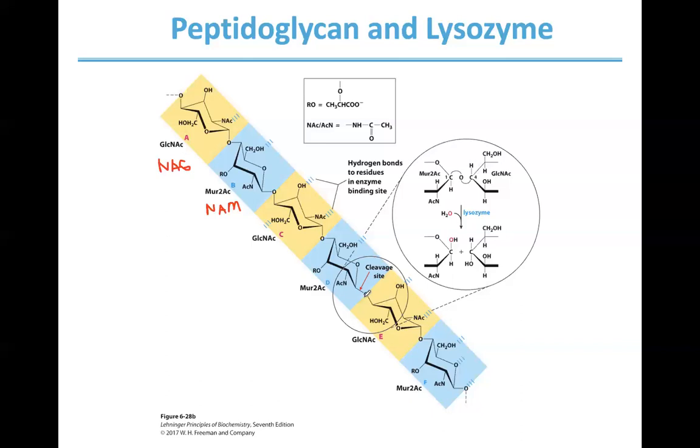And so the lysozyme will cleave at this position shown here. Basically, it will break the carbon-oxygen bond, shown here in this inset, right? So you have two sugars connected by an oxygen bridge, and it hydrolyzes it to give you free hydroxyls.